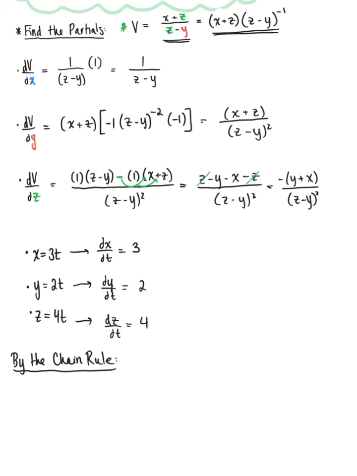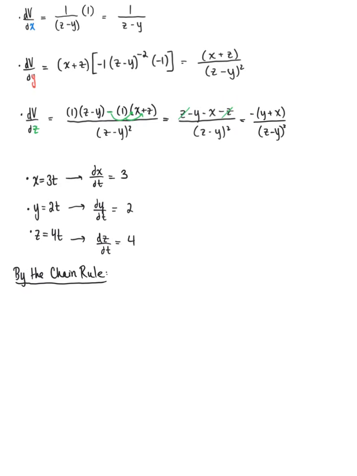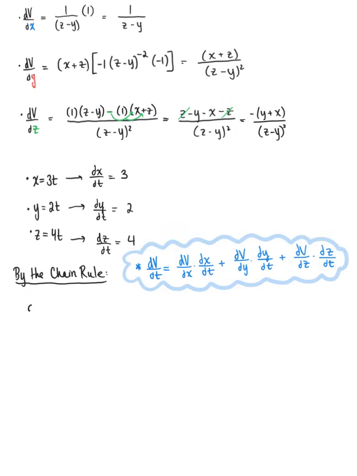And again, let's give ourselves just a little bit more room. So the derivative of z with respect to that arbitrary parameter t is going to be equal to the partial derivative of the function v with respect to x, so that's 1 by z minus y, multiplied by the derivative of x with respect to t, which is 3, plus the partial derivative of v with respect to y, so that was x plus z, all divided by z minus y squared, multiplied by the derivative of y with respect to t, so this is all multiplied by 2.